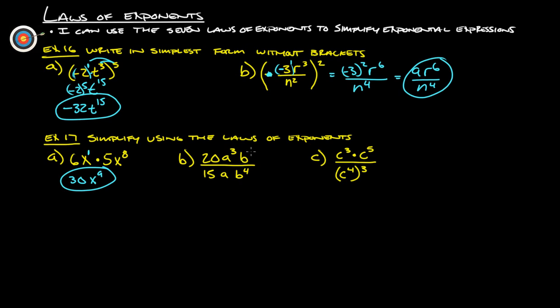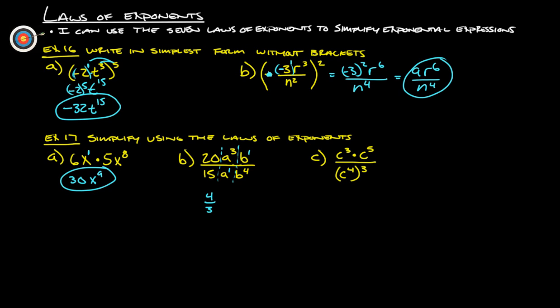20a cubed b to the first over 15a to the first b to the 4th. Let's look at this. We can really simplify this with 3 different little simplifications. So 20 over 15 is what? That's going to be 4/3. We can just write it as 4/3, not fourths, but thirds.